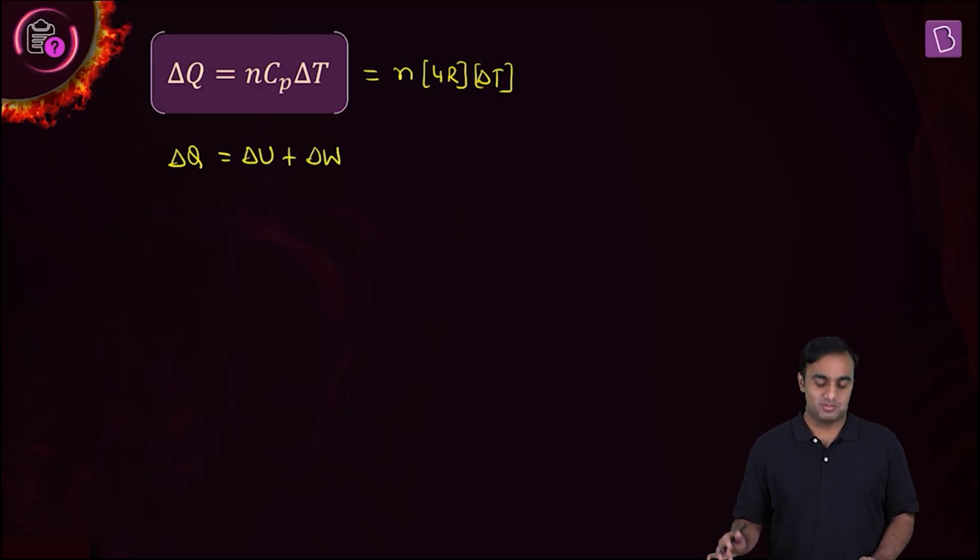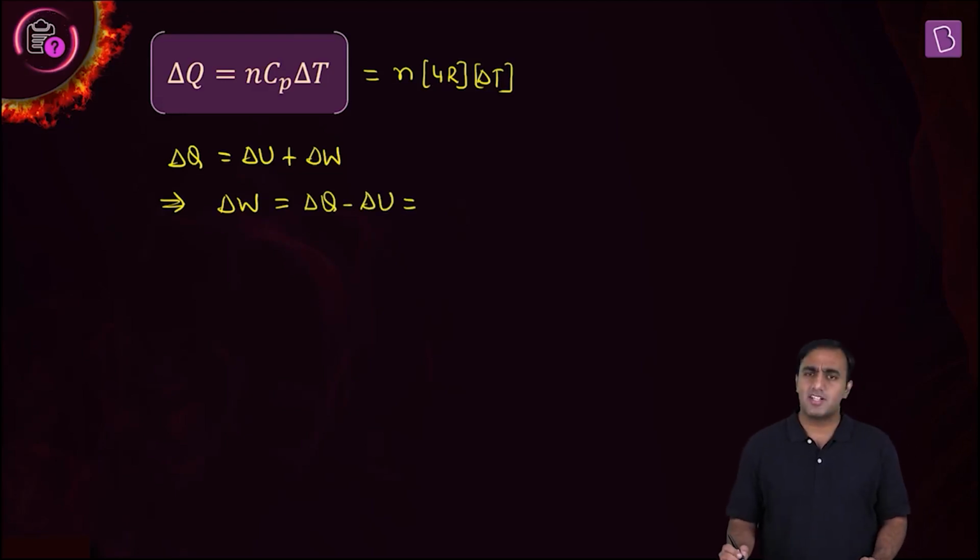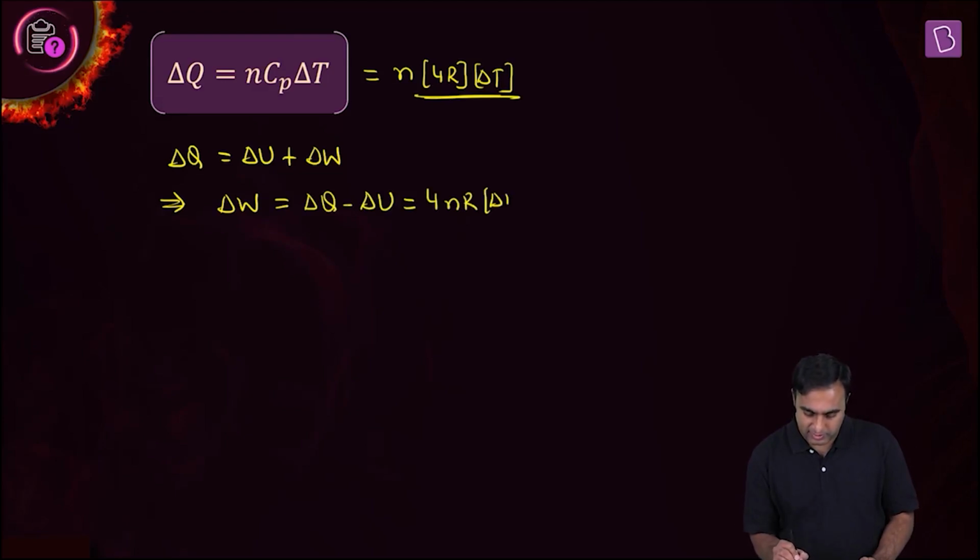Delta W. So from here, delta W equals delta Q minus delta U. What is delta Q? We know it. It is 4nR delta T. Minus, what is delta U? It is n Cv delta T.